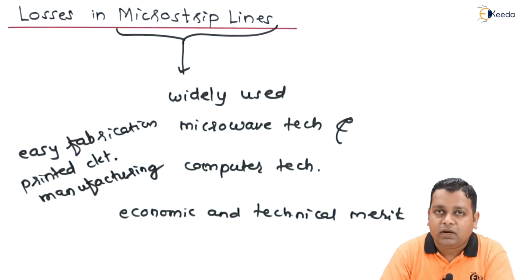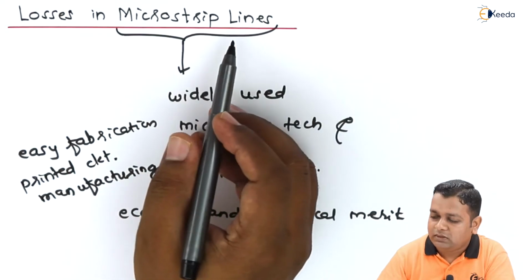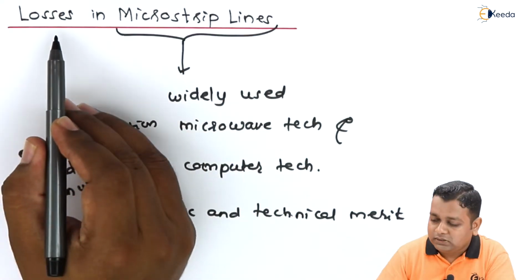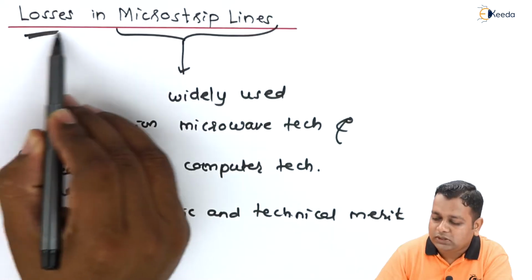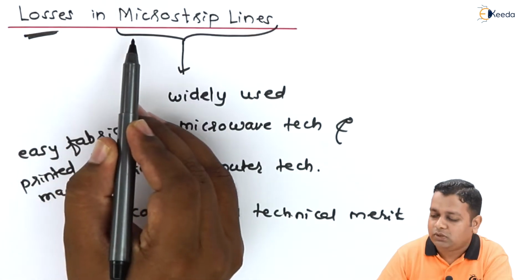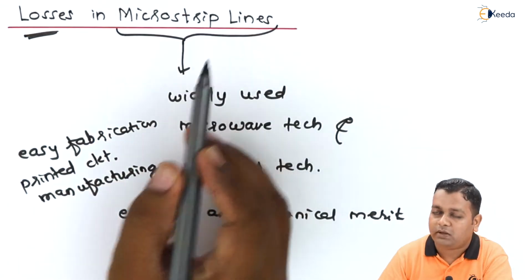Now let us have a schematic that describes the microstrip line, and then we can further discuss the actual losses with respect to microwave transmission with the help of microstrip lines.